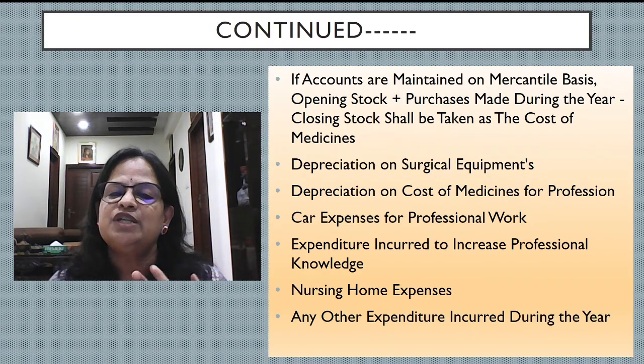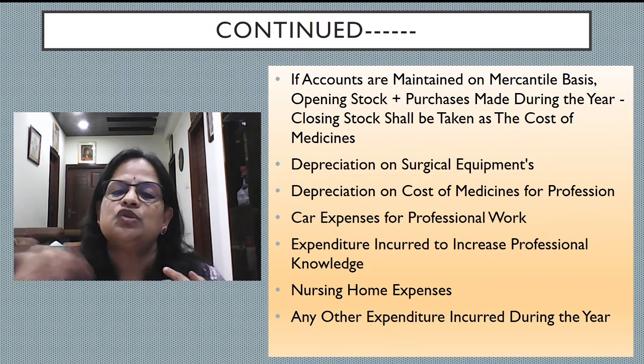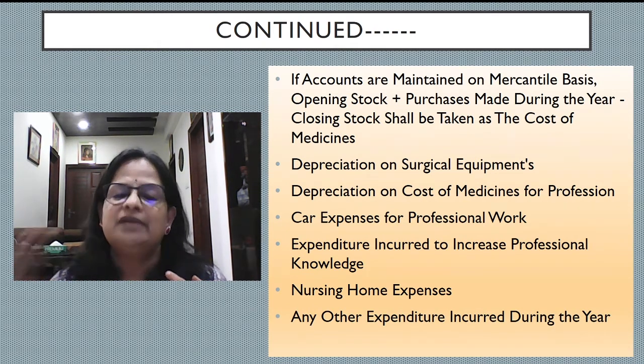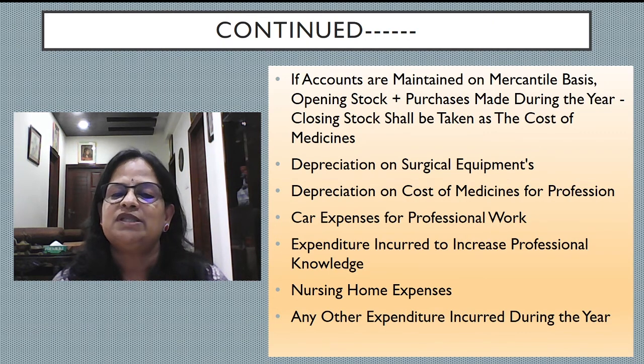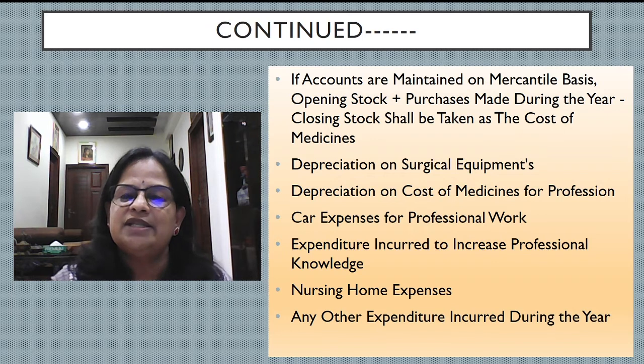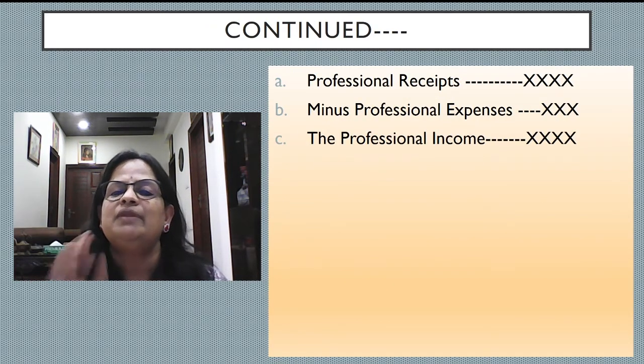Expenditure incurred to increase professional knowledge: going for higher education, attending a refresher course, orientation program, anything. Skill development course if they are attending. Nursing home expenses, if they have a nursing home. Now, any other expenditure incurred during the year. So, total receipts minus professional expenses will give the professional income of the doctor. The calculation is very simple.